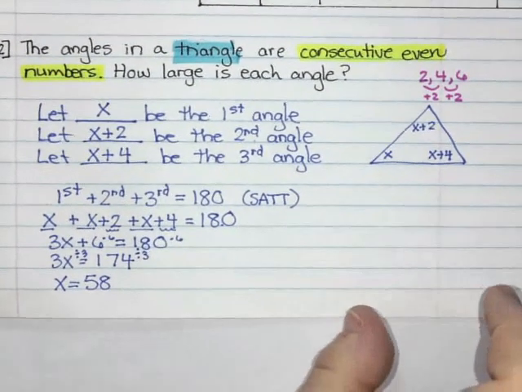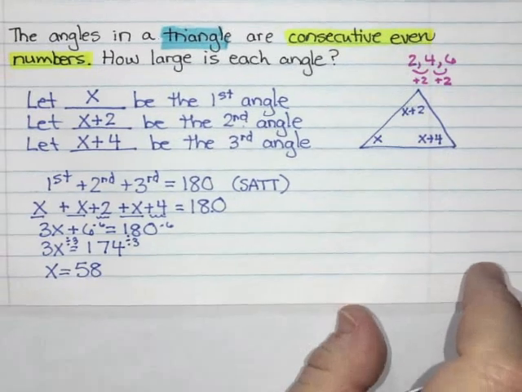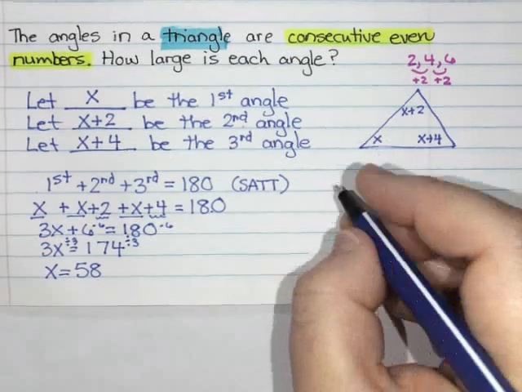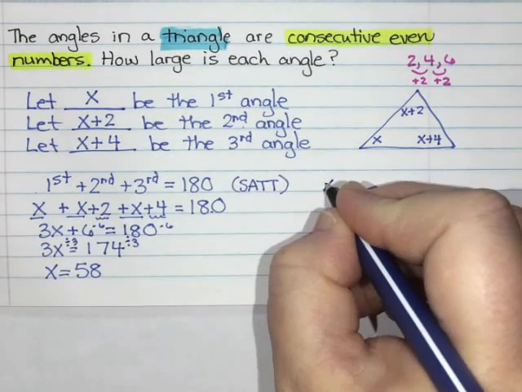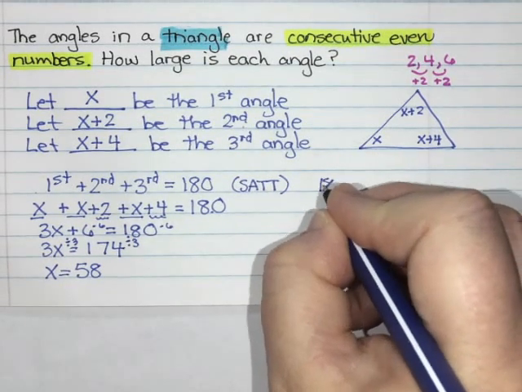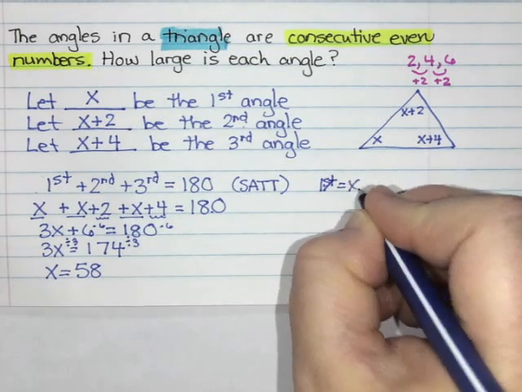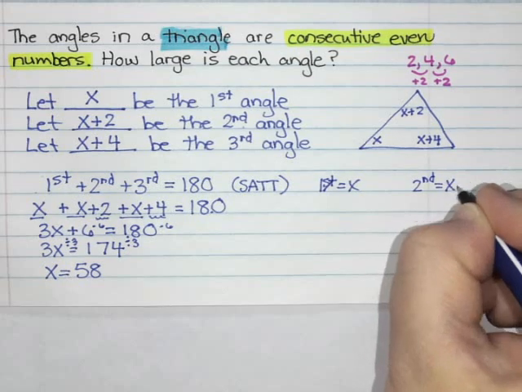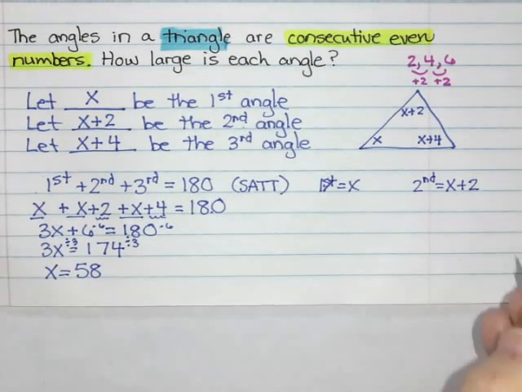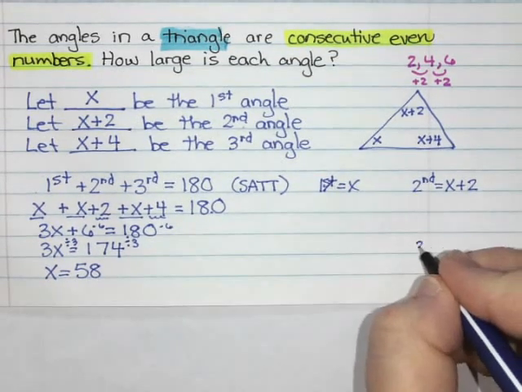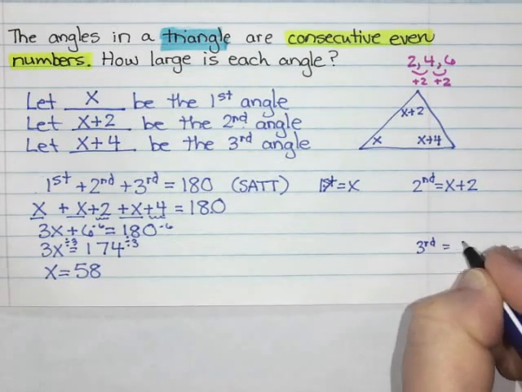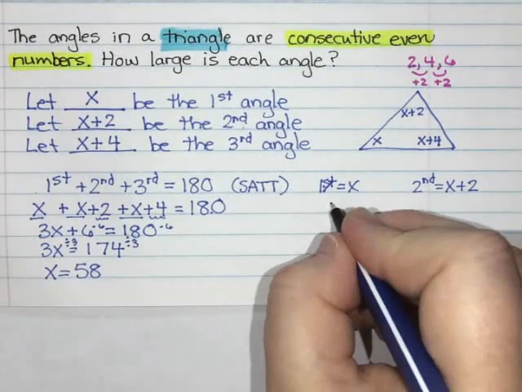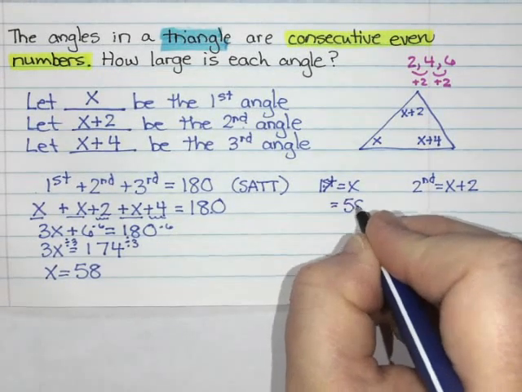So I want to know how big is each angle. So I know my angles are x, x plus 2, and x plus 4. My first one is just x, which is 58 degrees.